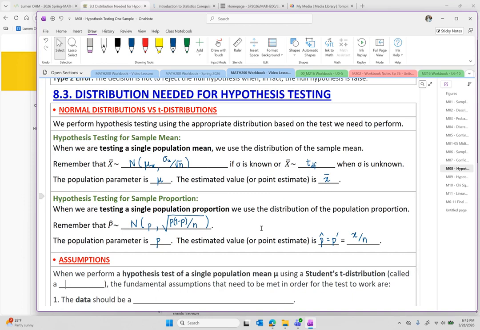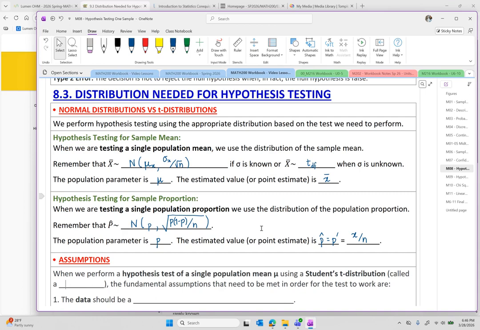When we are testing a single population mean, we use the distribution of the sample mean. The distribution of the sample mean will either be a normal distribution with a mean equal to the mean of the variable and a standard error equal to the standard deviation of the variable divided by the square root of n.